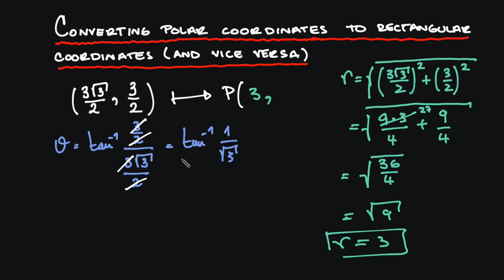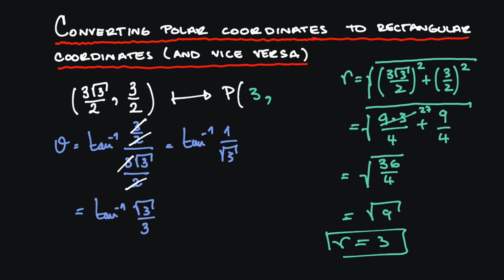Because if we cross out 3 over 2 and 3 over 2, we're left with 1, because 3 over 2 divided by 3 over 2 is 1. And this can be rewritten as inverse tangent of square root of 3 over 3.